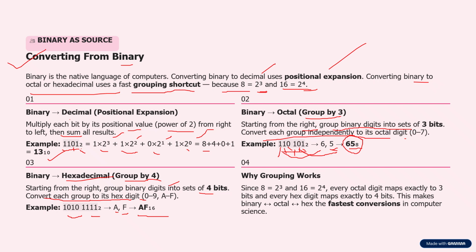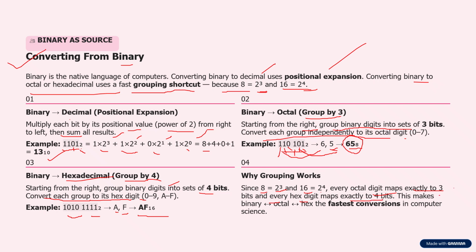Let's start by looking at why grouping is so efficient for the conversions from binary to octal and hexadecimal, and in reverse. Since 8 equals 2 cubed, and 16 equals 2 to the power 4, every octal digit maps exactly to 3 bits, and every hex digit maps exactly to 4 bits.